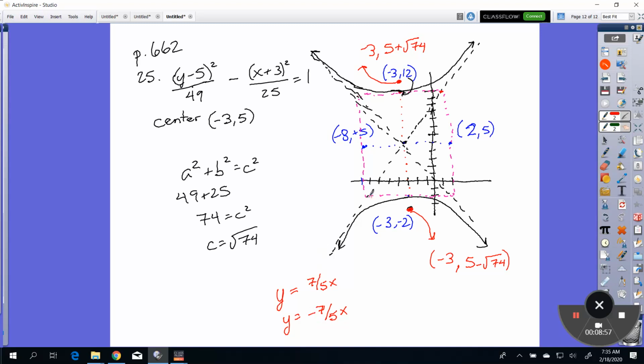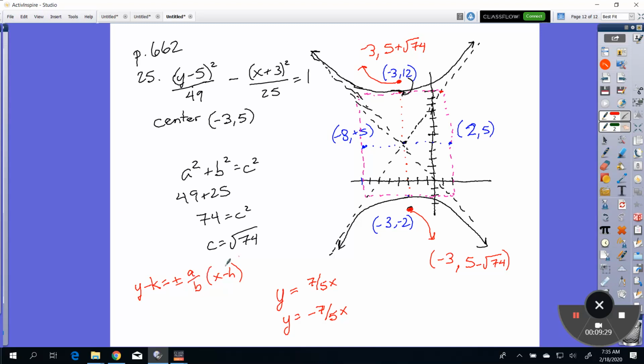There is a formula that the book gives you. You could calculate it, but here's the formula. y minus k equals plus or minus a over b times x minus h. That's for the one that opens up and down.